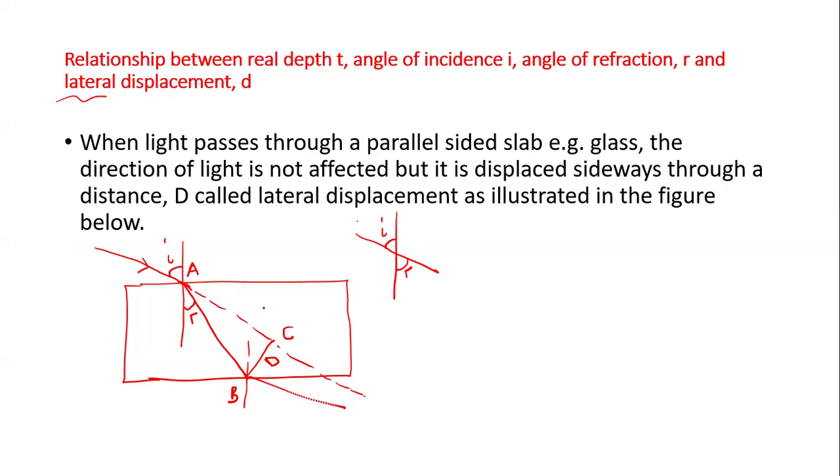But when you check our diagram very well, you are not seeing that part of this angle is being taken up by R. So that means the remaining angle is going to be the whole of this angle, which is I minus R. Hope that is okay. So allow me to put here that the angle I have here is given by I minus R. Then here, this is my thickness of the glass block.